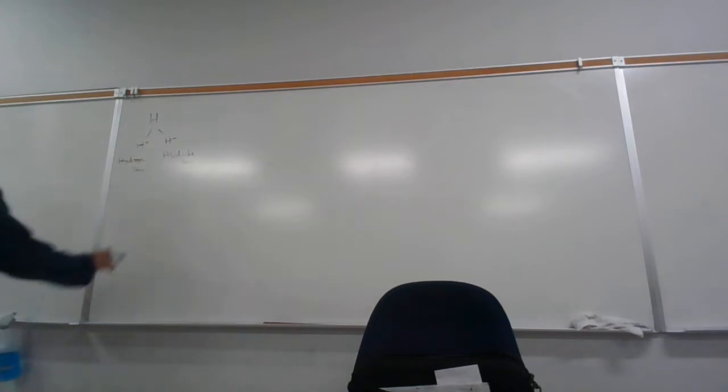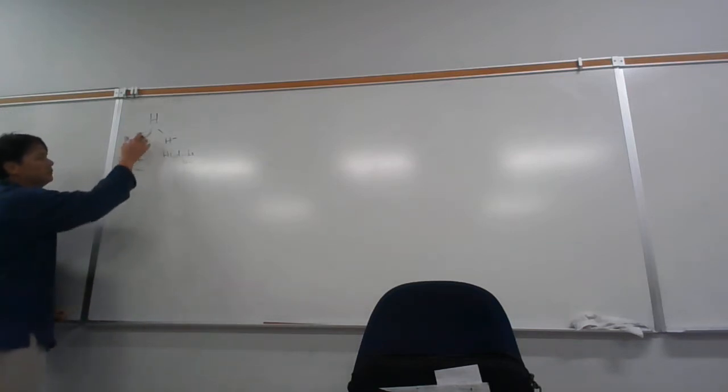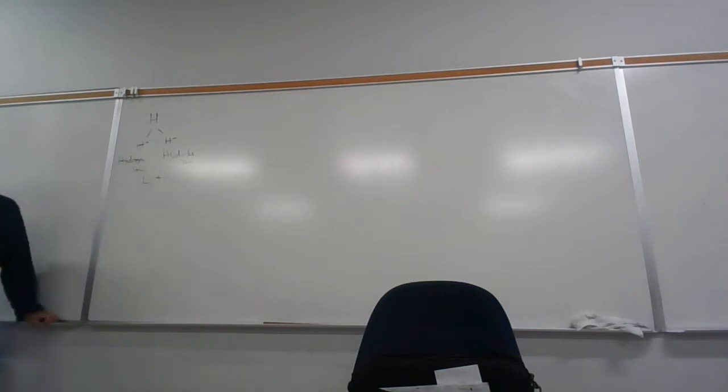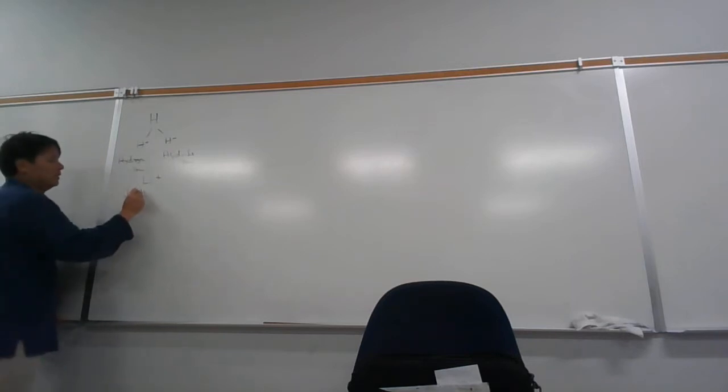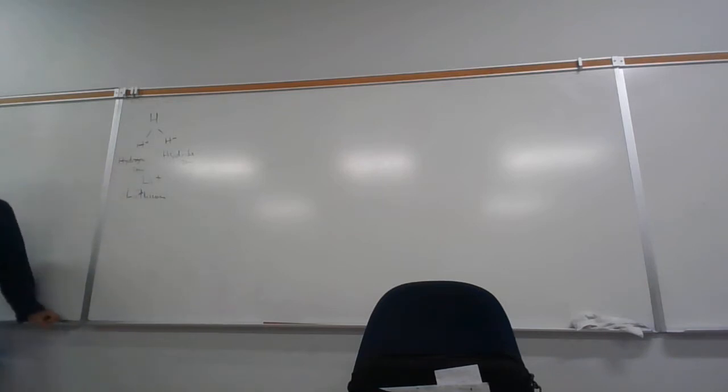But the other members of the alkali metals family will form a +1 cation. So we have Li+. Li+ is called what? Lithium. If we just call it lithium, then we might get it confused with lithium metal.